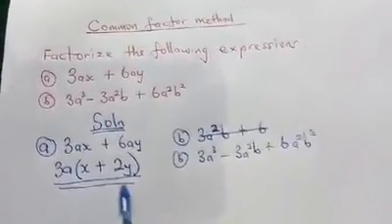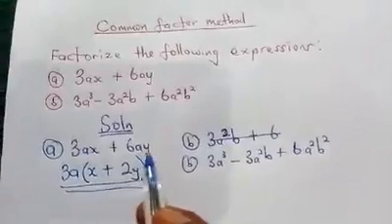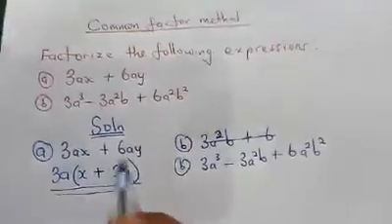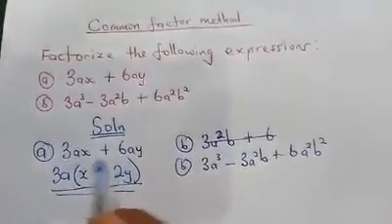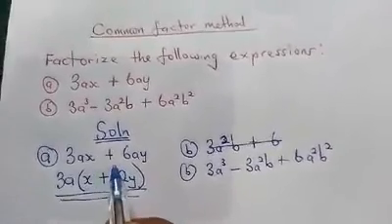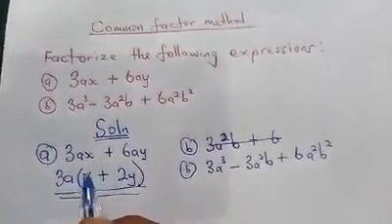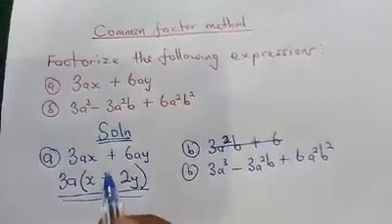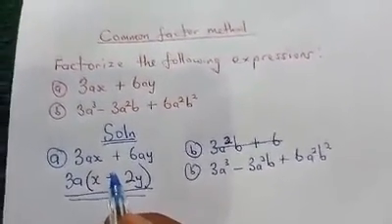Now, when you compare the first expression to the second one, the first expression is made up of two terms. Like I said from the beginning, for every algebraic expression, for you to know the number of terms, you look out for the plus and minus signs. That is what is used in separating the terms.